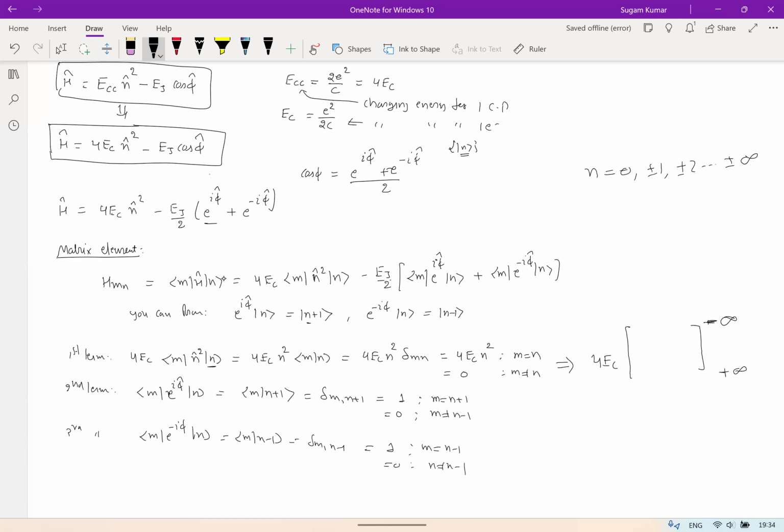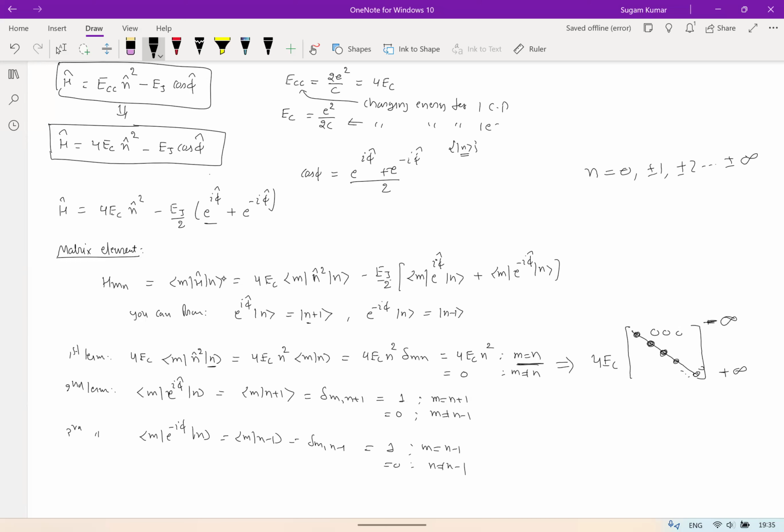And look at here, these diagonal elements, only they will be non-zero in this case. Because if m equals n, then only this term will be non-zero and the rest will be 0, correct? I'm not going to write down any matrix here, but I'm just trying to tell you how it will look.